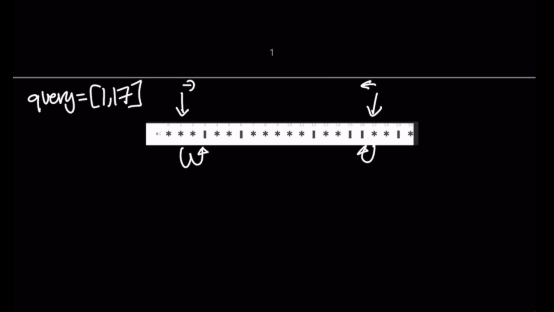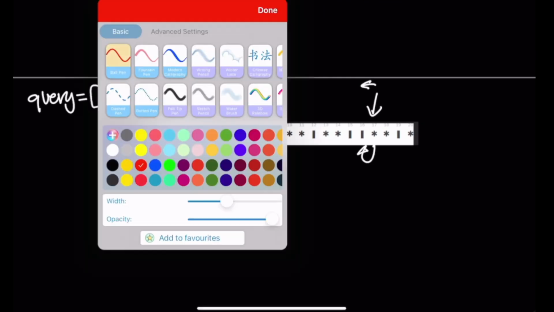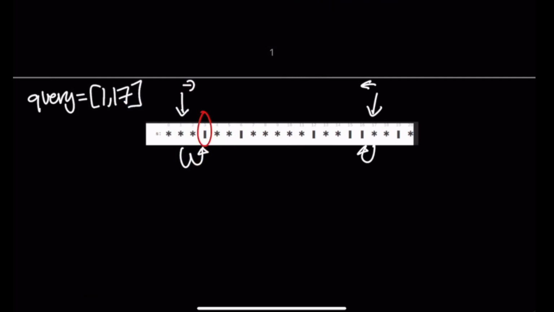In the given example, it wasn't a costly operation to figure out what the leftmost and the rightmost candle is.